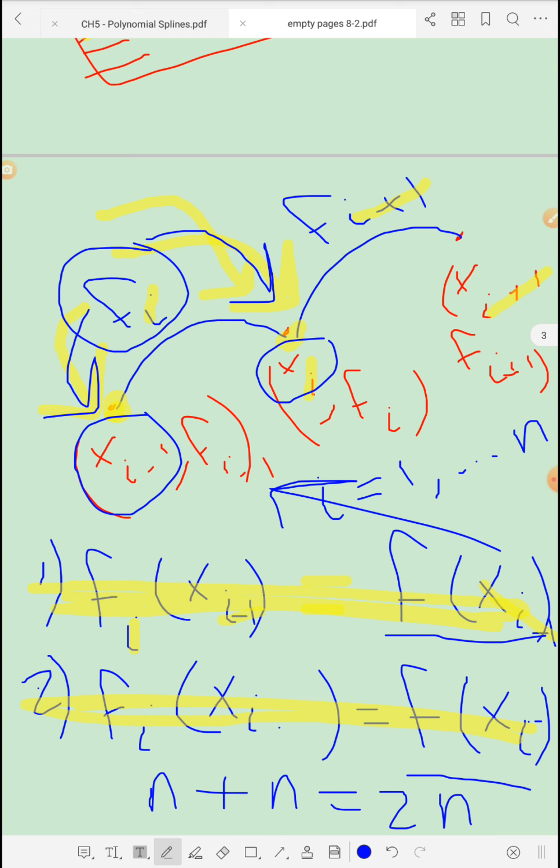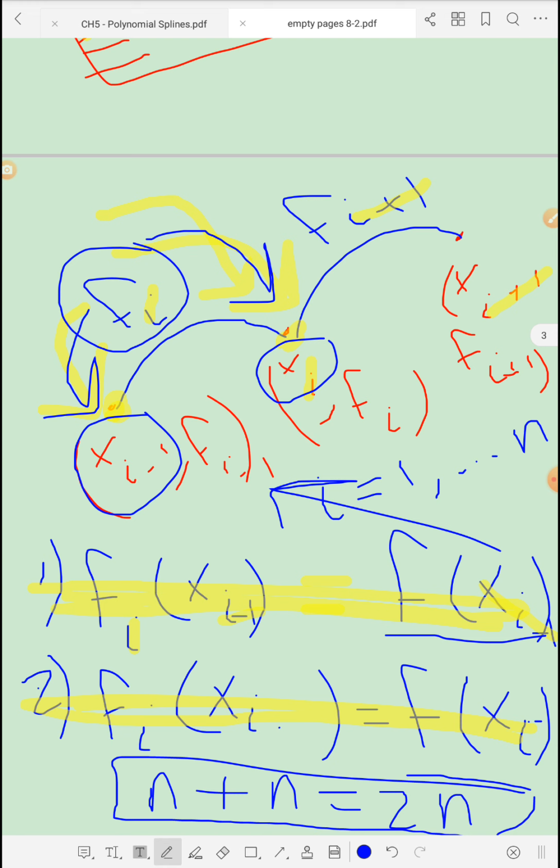Okay, so the total number of positional conditions regarding the left node and the right node for all of the polynomials is equal to 2n. And this is logical because we have n polynomials, and each polynomial passes through a data point from the left and passes through a data point from the right.